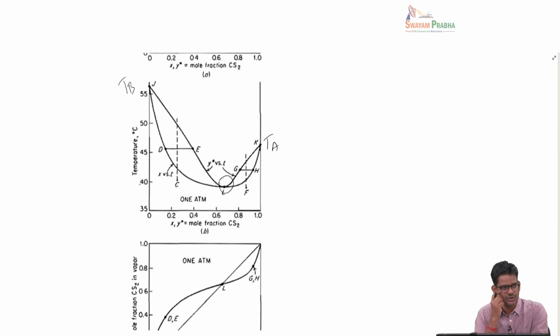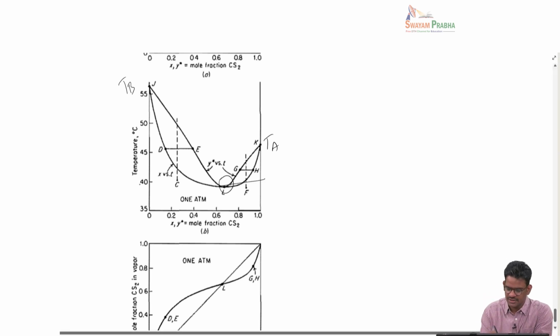But when it forms an azeotrope, meaning constant composition in both vapor and liquid, you can have a temperature that is below TA. Okay, so this is what we call as minimum boiling azeotrope.